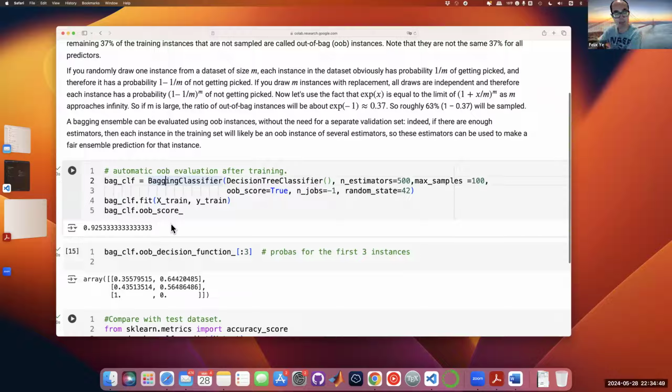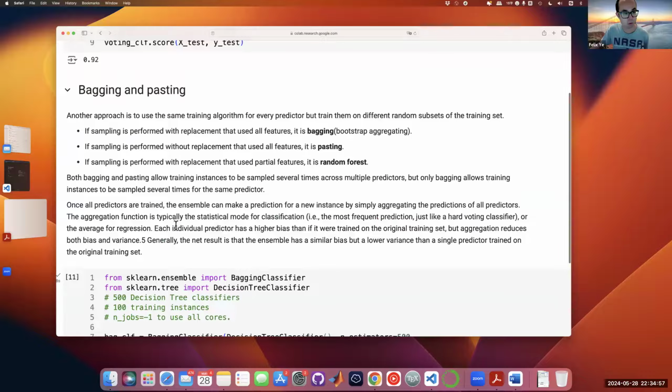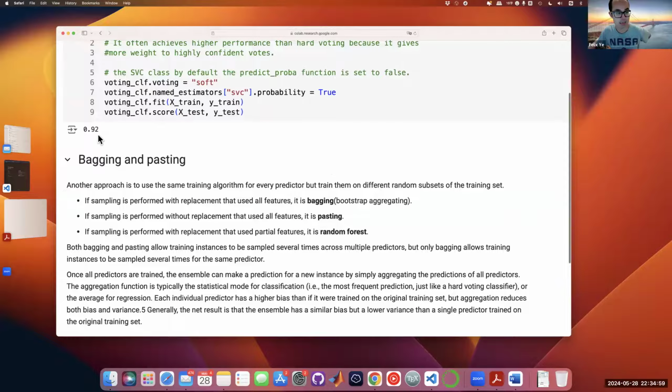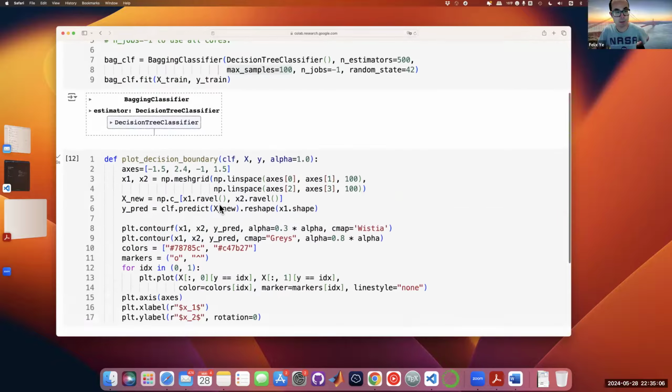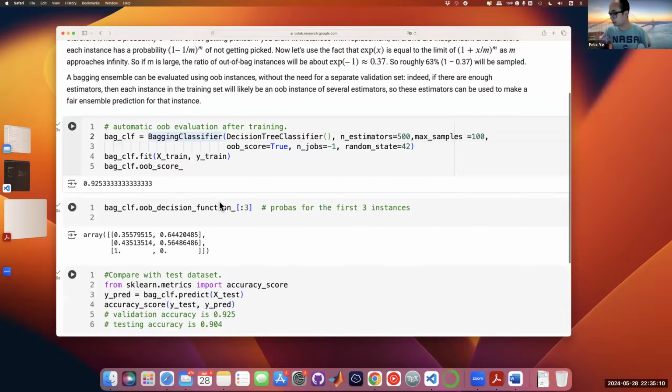I want to remind you, this is quite close to the testing data set accuracy, which is 92%. So you can see our validation error actually perfectly reflects the testing error, which is an approximation of the generalization error.